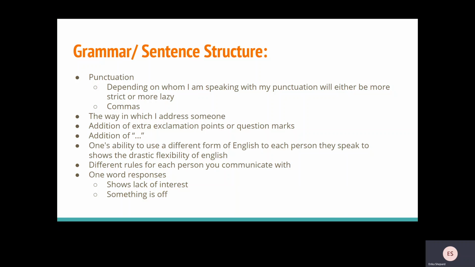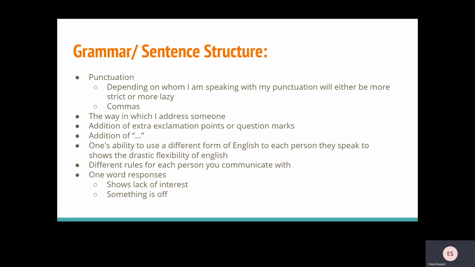I will throw in an ellipsis at the end of my sentence. I'll be like, no, yeah, I'm fine, kind of leaving an open-ended structure for you to pick up on my tone, if that makes sense.